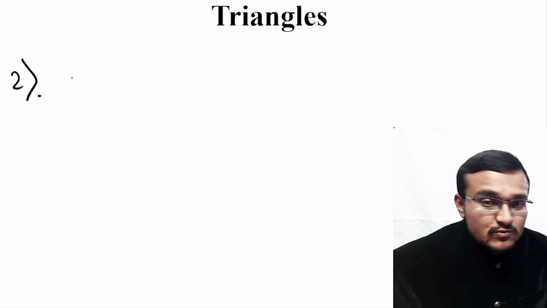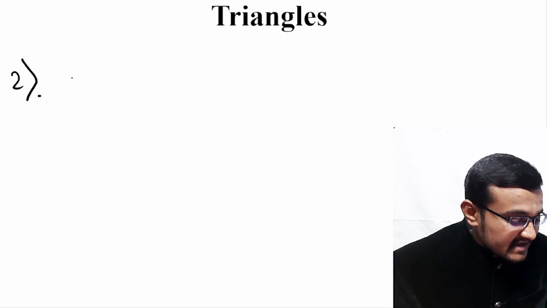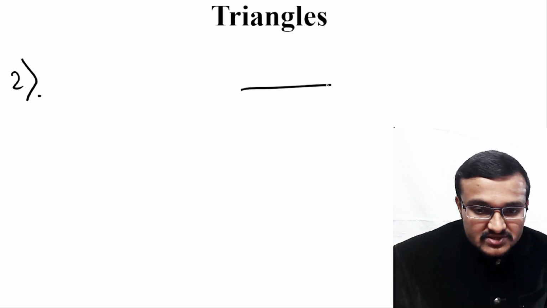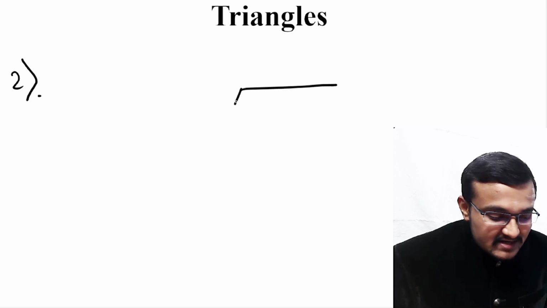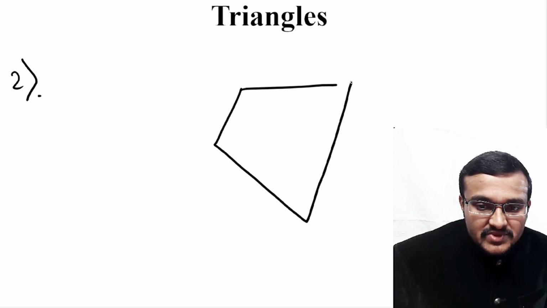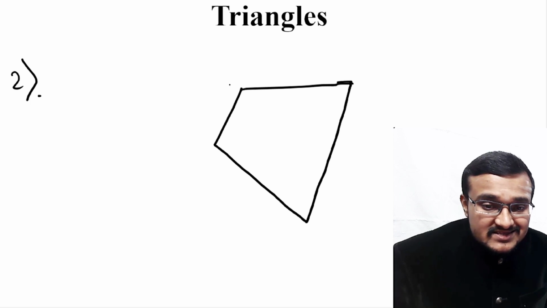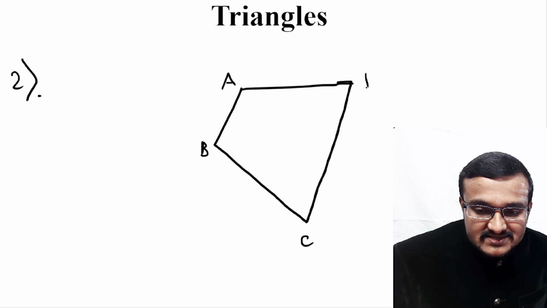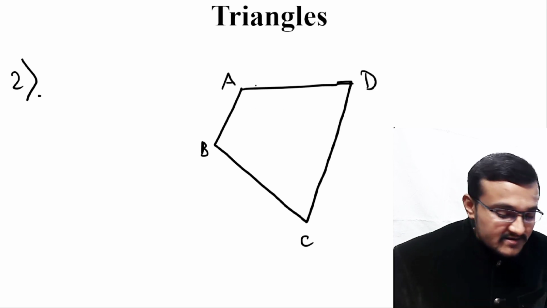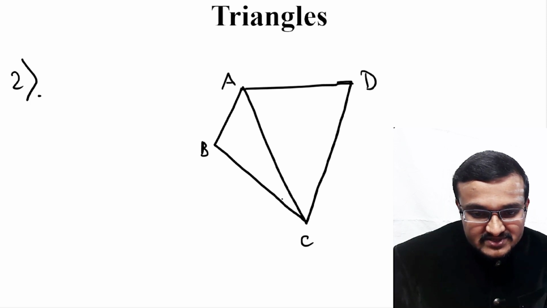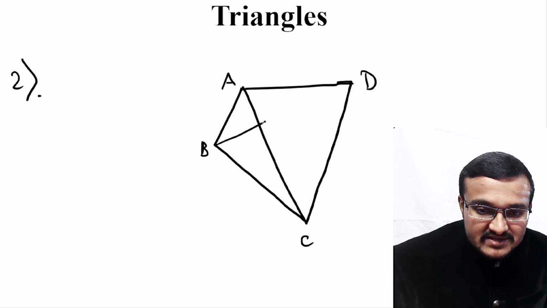Here also they have given one quadrilateral, and AD is equal to BC. First we will try to draw this figure. You have a quadrilateral like this. In this quadrilateral, this side is A, this is B, this is C, and this is D. So ABCD is a quadrilateral, and AC is connected, that means a diagonal is connected, BD is also connected.